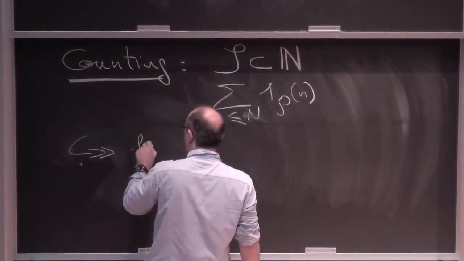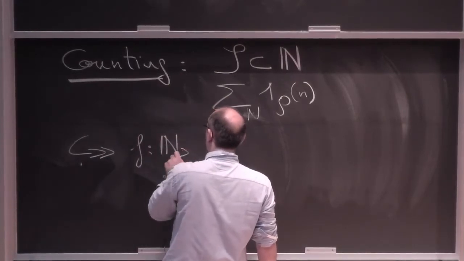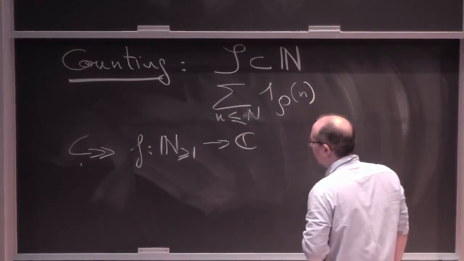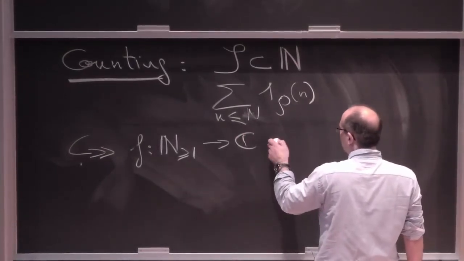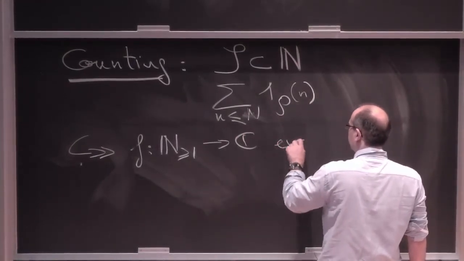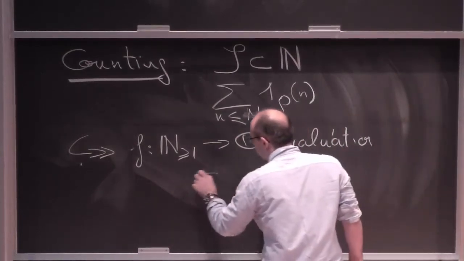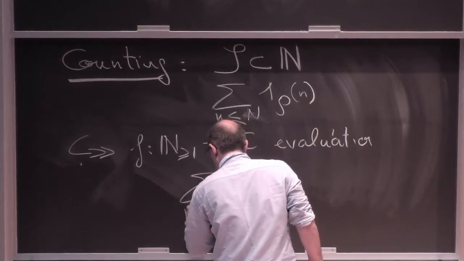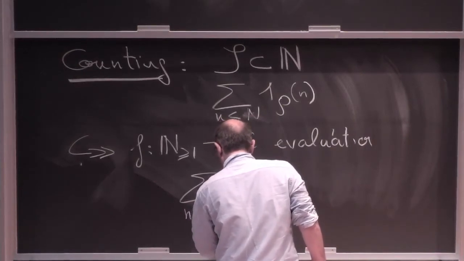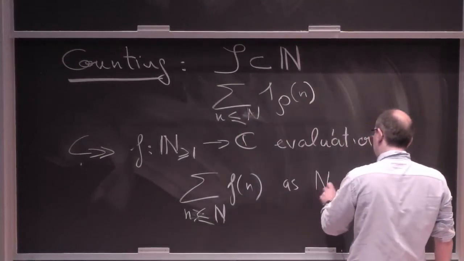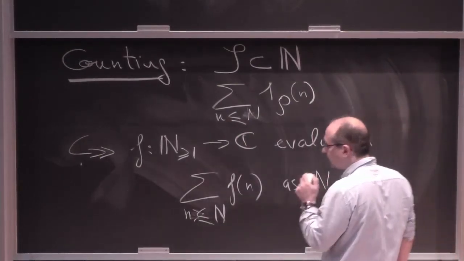So it falls into the more general objective. Given f a function on the positive integers, complex valued, evaluate the partial sums as n goes to infinity.